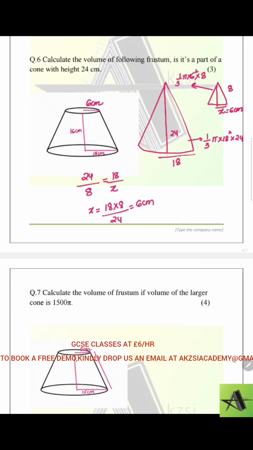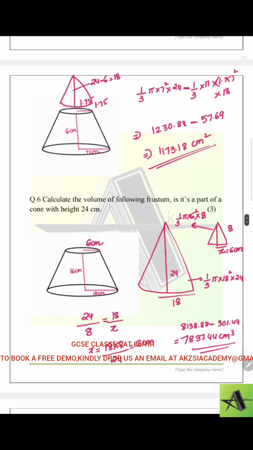Now we have to subtract the volume of the bigger and the smaller one, so the final answer is 7837.44 centimeter cubed. Up there I by mistake wrote centimeter squared. This is cubed.